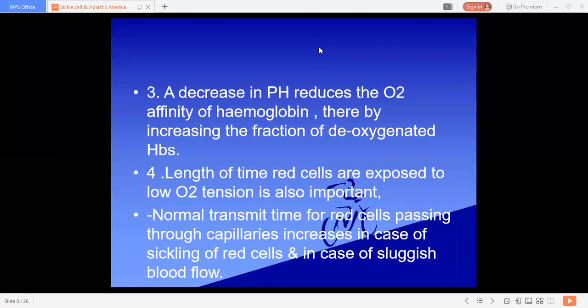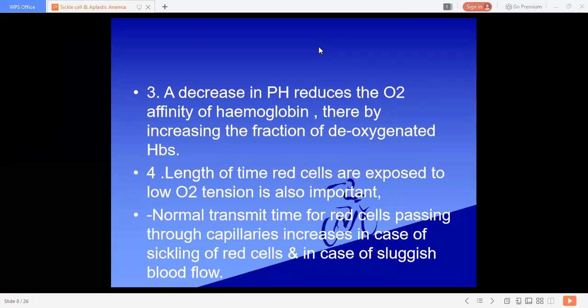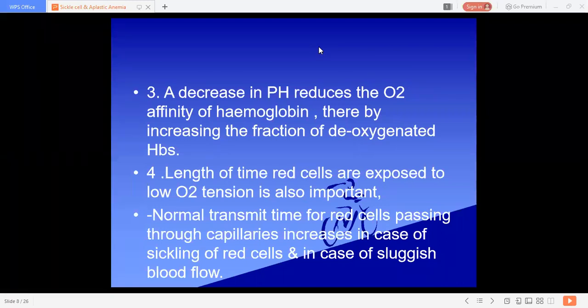The normal transit time for a red cell passing through the capillaries increases in cases of sickling of red cells and in case of sluggish blood flow. Normally they can pass very easily and very fast, but whenever there is sickling of the cell, that is, an abnormal shape of the cell, or whenever the blood supply becomes sluggish, this transit time increases.